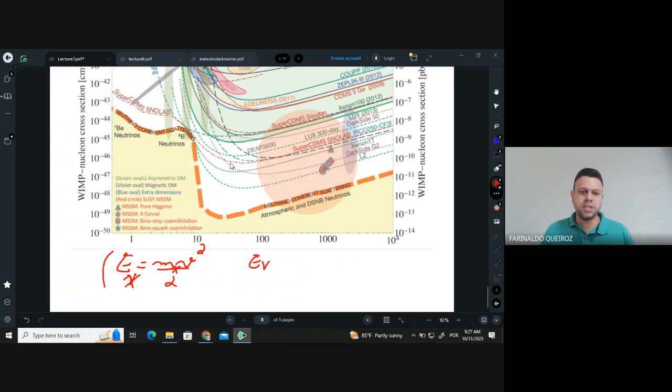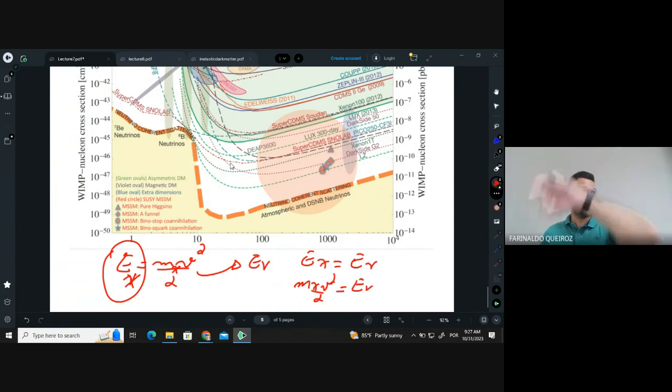But I want to convert this back into this one, so I have to know the velocity. Let's say now I make E chi equal E neutrino. Then I have m chi v squared over 2 equal E neutrino. Then I know the neutrino energy. But what velocity are you going to choose? This is the velocity distribution.